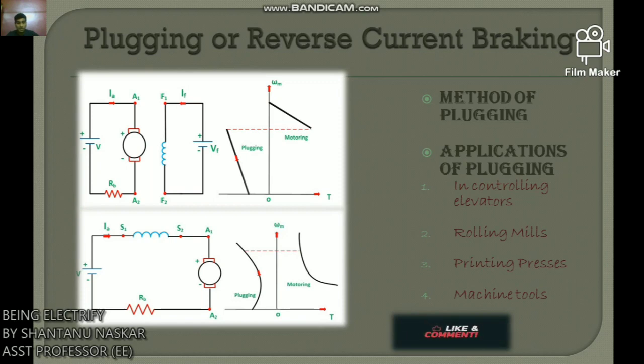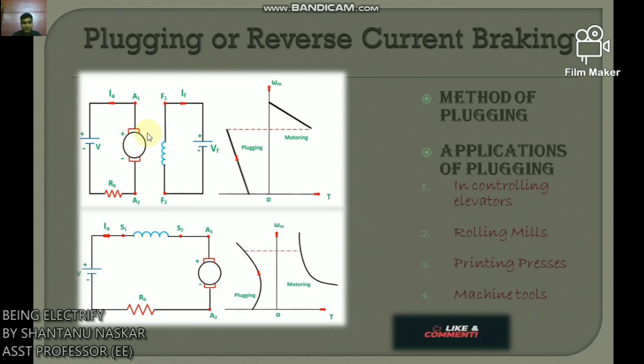The armature current is reversed and a high braking torque is produced. An external current limiting resistor is connected in series with the armature to limit the armature current to a safe value. The connection diagram of DC separately excited motor and its characteristics is shown here.